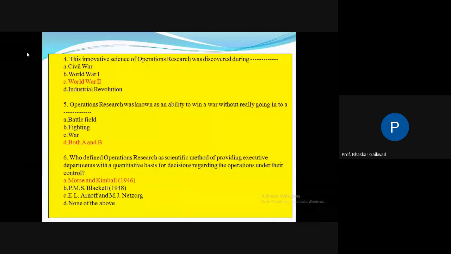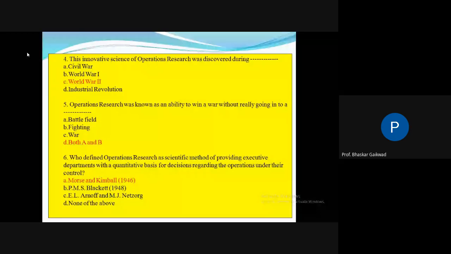Now, 6. Who defined operation research as a scientific method of providing executive departments with a quantitative basis for decisions regarding operations under their controls? So here it is 1946. This scientist defined operations research as a scientific method to solve a number of problems. You can remember the answer in red color is the answer to question 6.